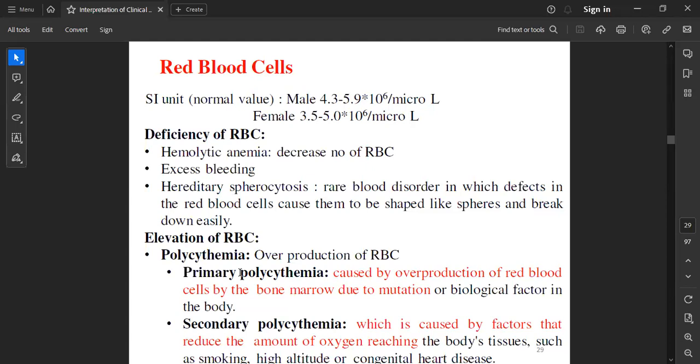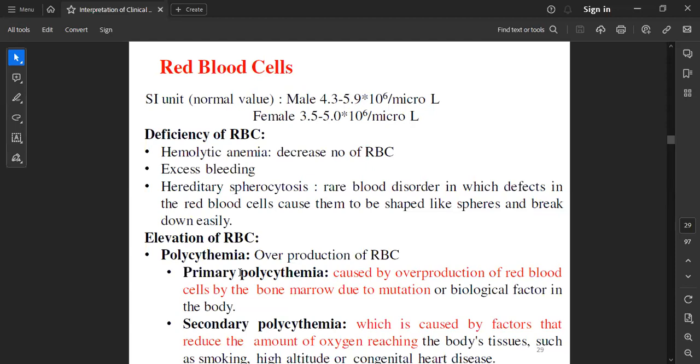When the RBC count is high, it can mean there are higher than normal levels of red blood cells, maybe due to polycythemia. We talked about these ones. There's primary polycythemia and secondary.